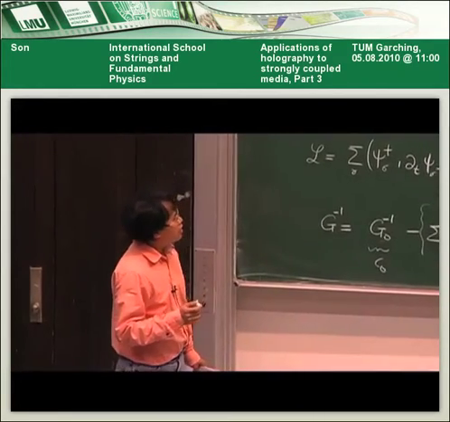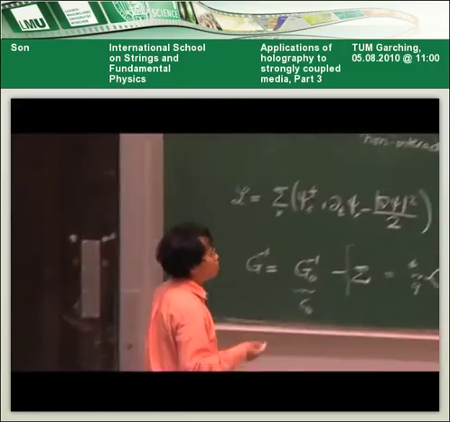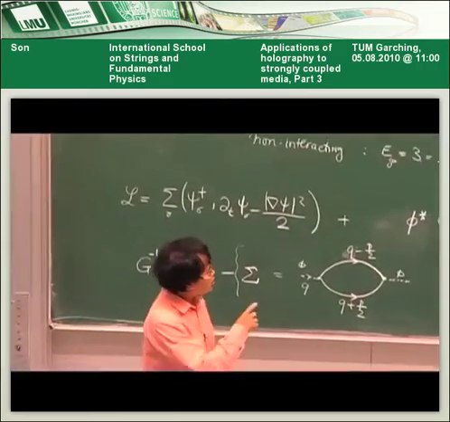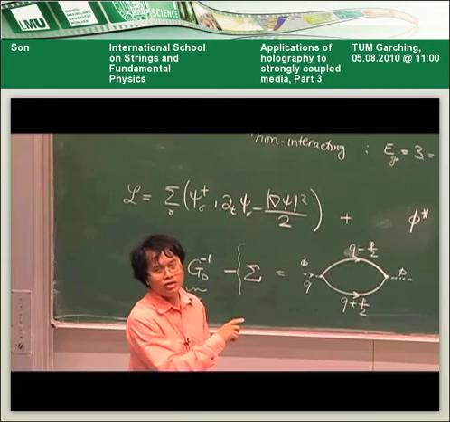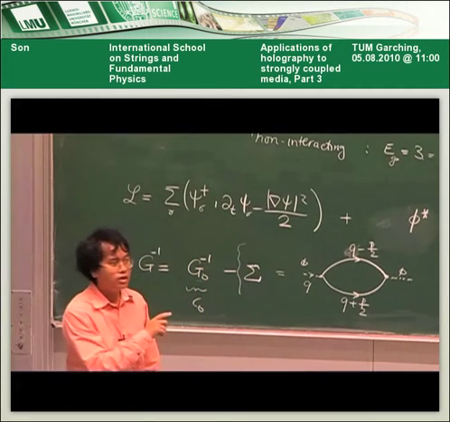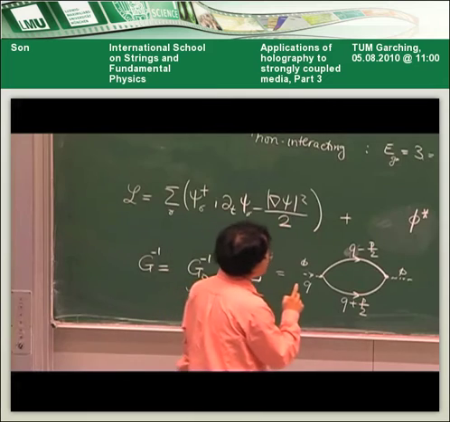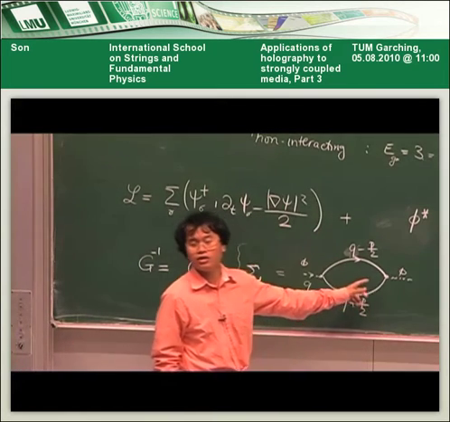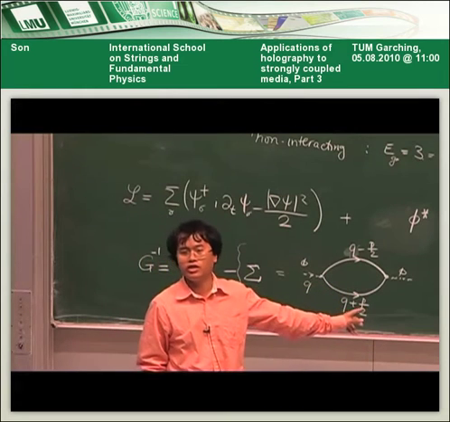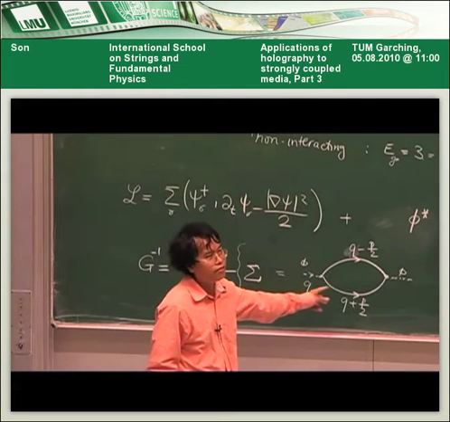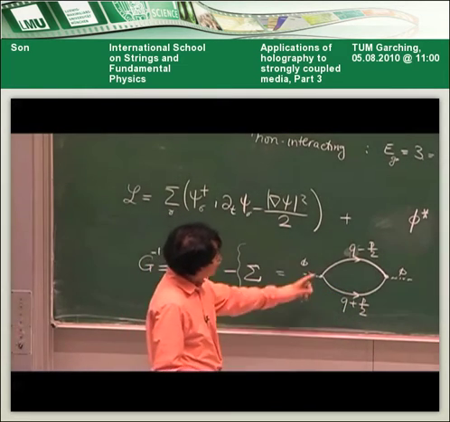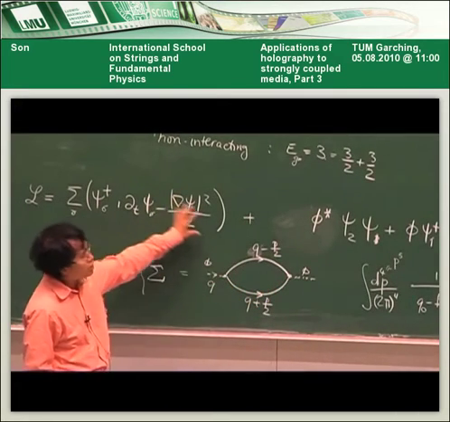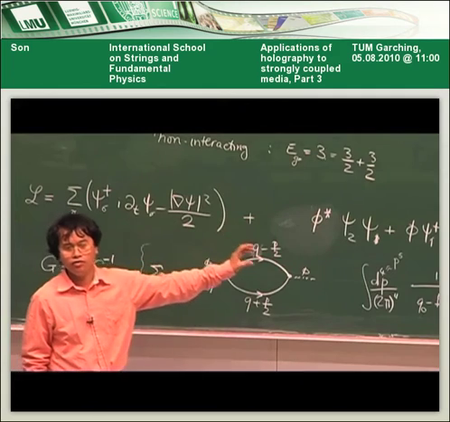And usually you get diverging loop graphs when you deal with a theory which is non-renormalizable. Usually in this case the theory becomes ill-defined. In this non-relativistic case, you can prove rigorously that this is the only graph that contributes to the self-energy of the boson field phi. And that comes from the retarded nature of the propagator. The propagator in non-relativistic theory is fully retarded.